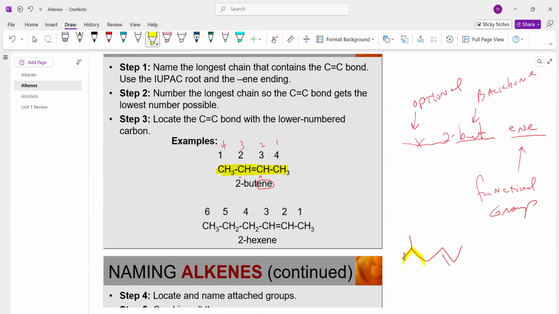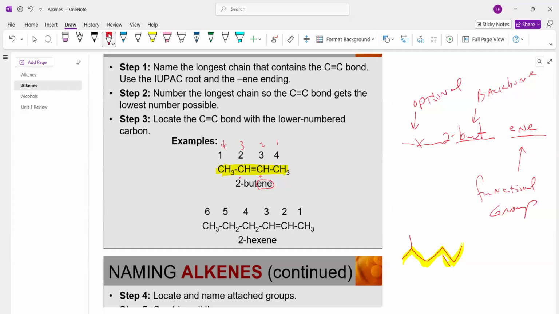So this is the backbone. And since the double bond is skewed to the right, that's going to be the lowest number, but you can number it both ways. Okay, so we've got, I had to lift my marker to get this last little branch there. So that's officially a branch. So here's the backbone again.